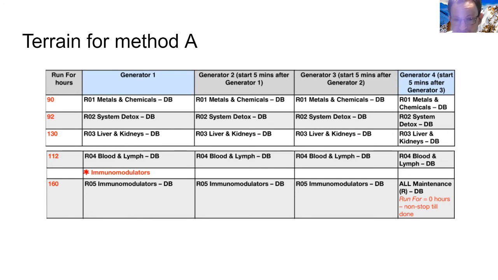Remote preset 3 on all of them, starting generator 2 5 minutes after generator 1, generator 3 starting 5 minutes after generator 2, and then generator 4 starting 5 minutes after generator 3. So you're staggering it. I don't think you have to be too precise about your 5 minutes. Just try and get it as close as you can, because you're staggering it. You're hitting that frequency, then you're hitting it again, and again, and again, okay? Giving you more power.